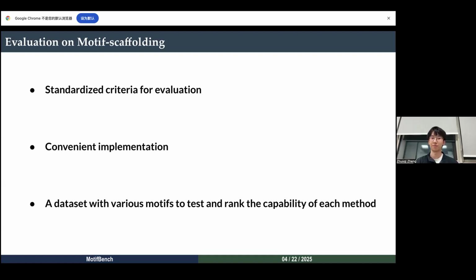So this relies on a convenient implementation with a suite of standardized criteria for evaluation, and also a dataset with various motifs to test and rank the capability of each method. So how about the status of the evaluation on motif scaffolding?